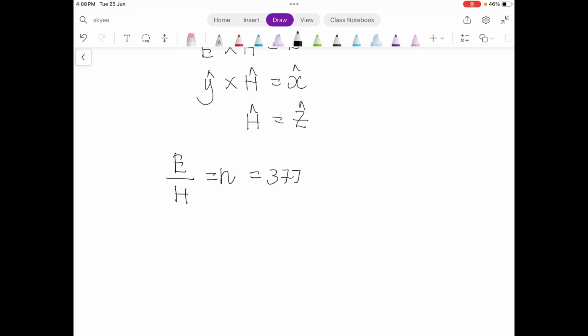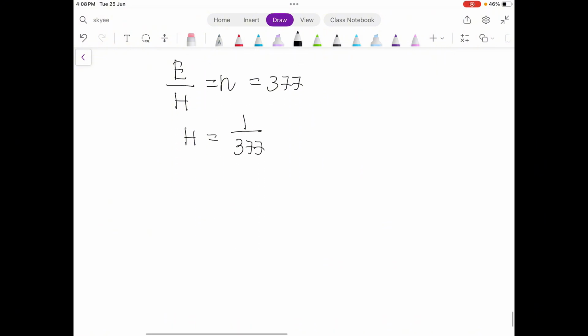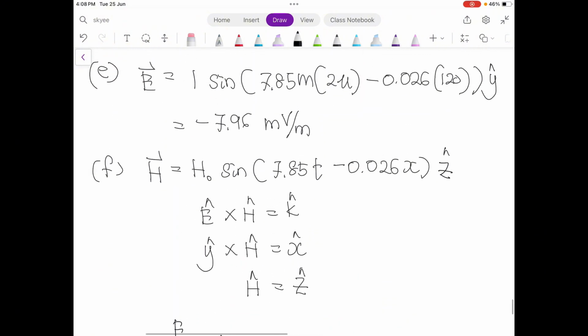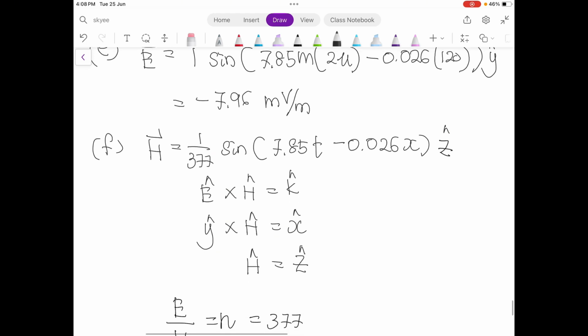So from here you can calculate your H, which is equal to 1 over 377. You can put 1 over 377 here. This is the amplitude of the magnetic field.